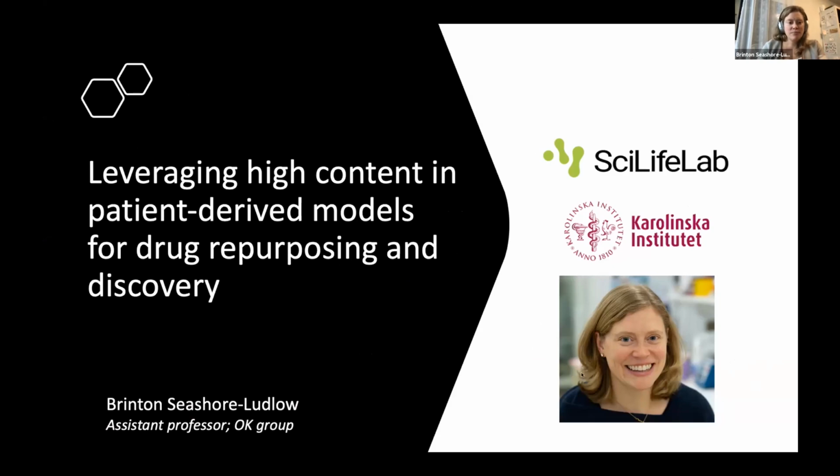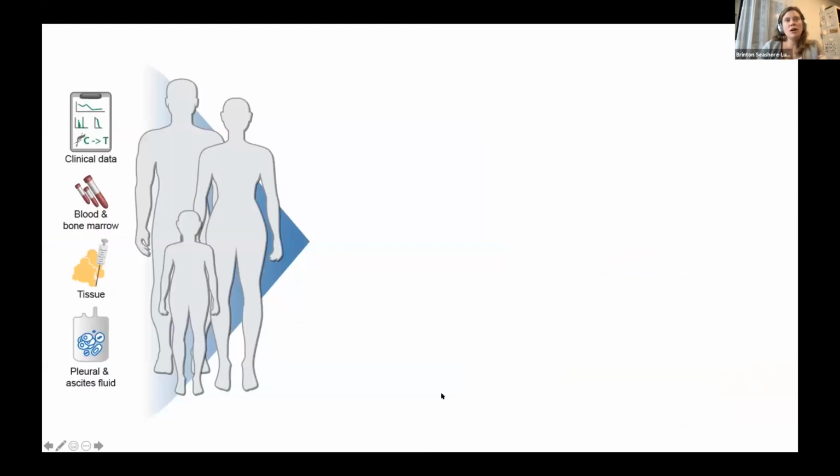Our goal in our larger group is to use information from patients, often the tissues and pleural effusion, to understand how patients respond to drugs. We studied several different diseases, mostly ovarian cancer or AML.